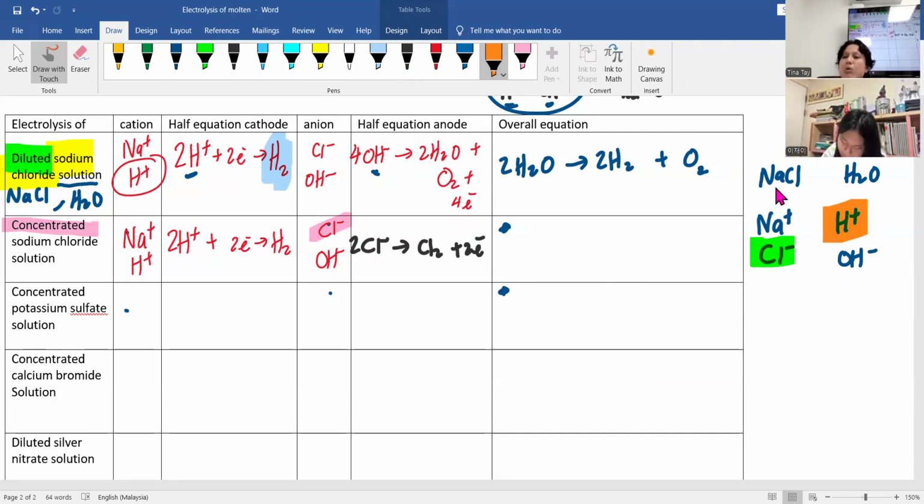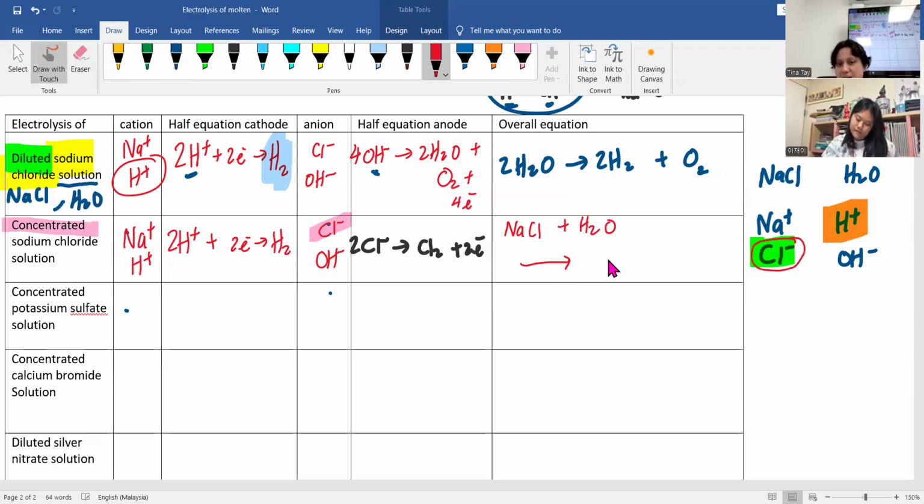Hydrogen. So now each one is chosen, so I cannot do it like this. I have to start out with both. It has to be sodium chloride and water.